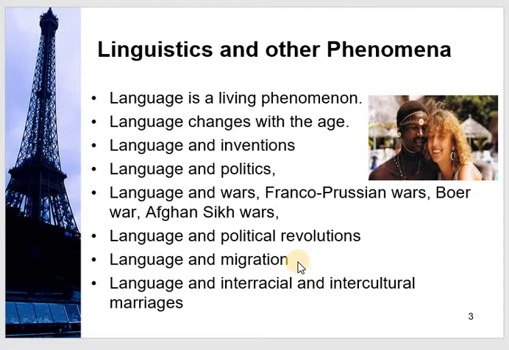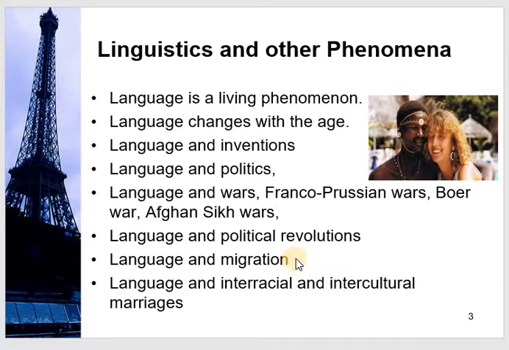Language and migration. There were different types of causes. Sometimes there was famine, sometimes there was a lust for power, colonialism, and there was intolerance about any sect or any political party. And the weakest had to flee somewhere to get refuge in some safe havens.